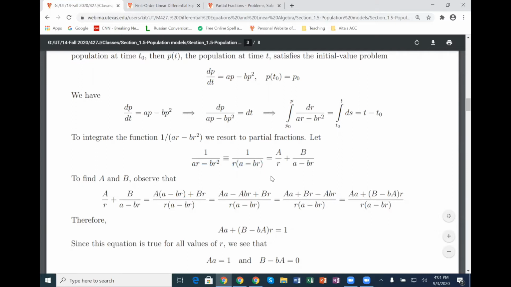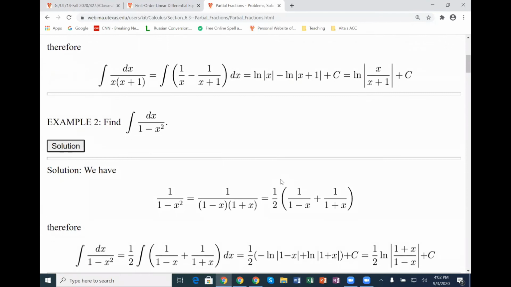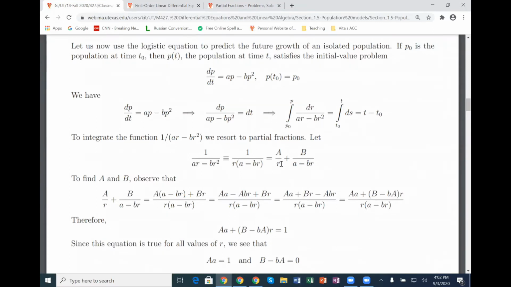And then let us try to find two constants, capital A and capital B, such that this is identically equal to this. Like in this case, capital A is 1, capital B is -1. In example number 2, capital A is 1/2, capital B is 1/2. So once again, for which capital A and capital B is this identically equal to this.